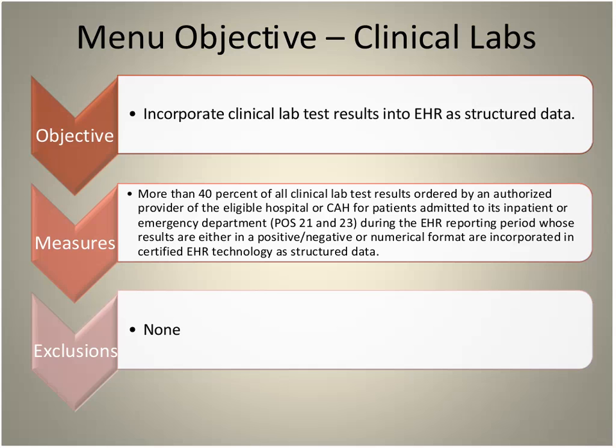So we go back to, now we've got both inpatient, point of service 21, and emergency department, point of service 23, included during the EHR reporting period. We always have to qualify for that. And here's the qualifier for which types of clinical lab test results are included: the results are either in a positive or negative form or a numerical format.